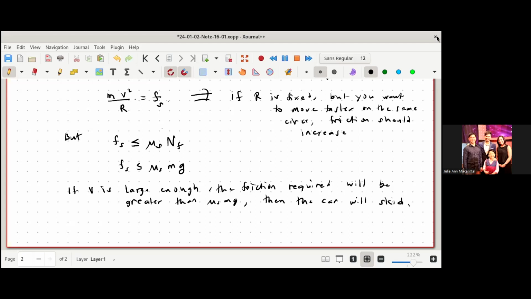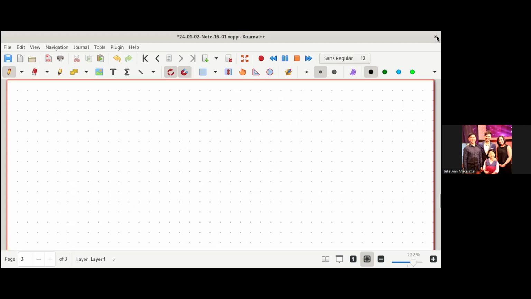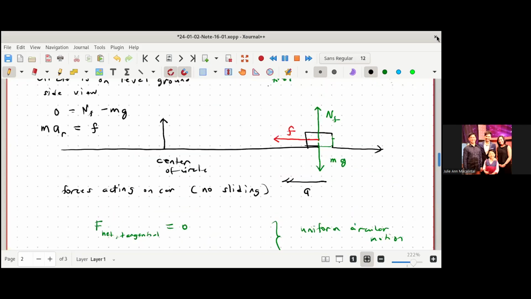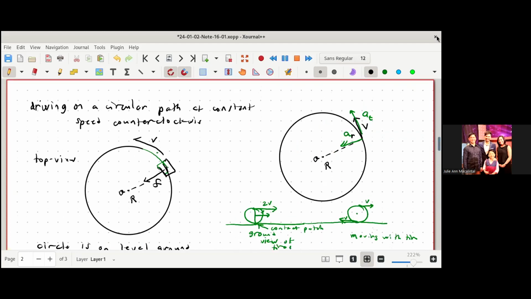Okay, next. So ito yung sa for road use. Ngayon, yung another example, let's copy the circle para ma-recycle natin.